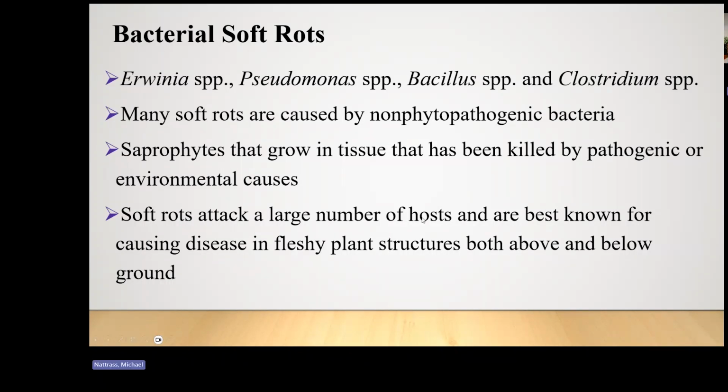Those soft rots cause disease across a lot of different hosts, in those fleshy plant structures, both above and below ground. And because we know what species cause these rots, we can use the proper antibiotics or bactericides to combat that.